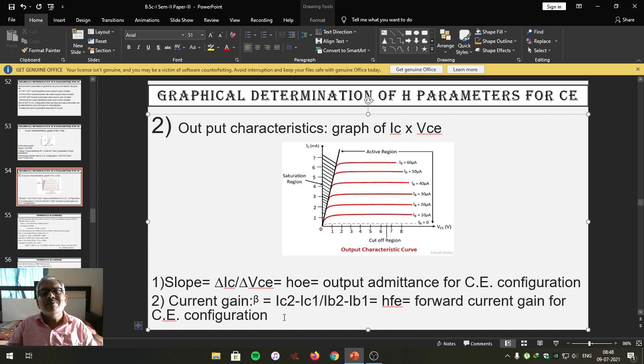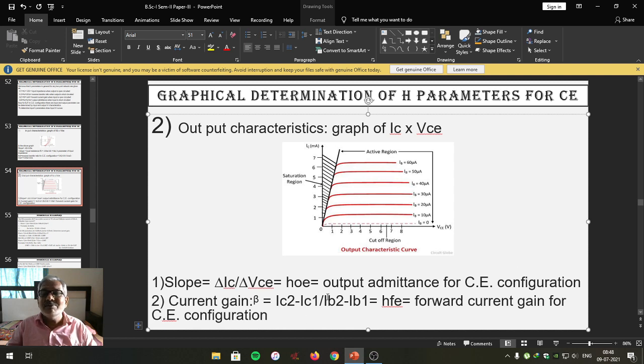So like this, all four parameters one can determine by using input and output characteristic curves as far as BJT is considered to be used in common emitter configuration.